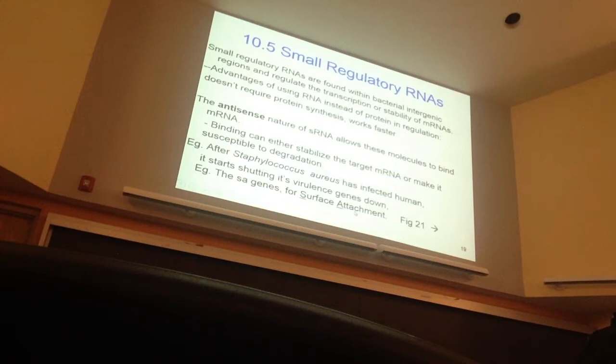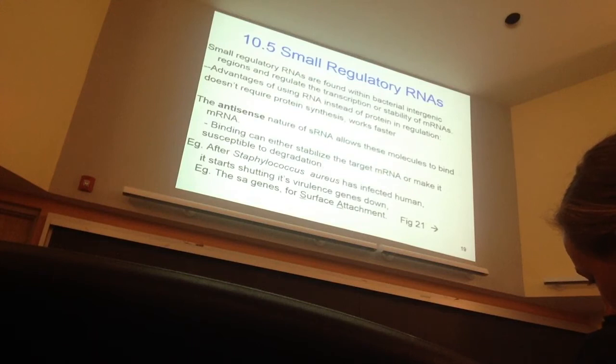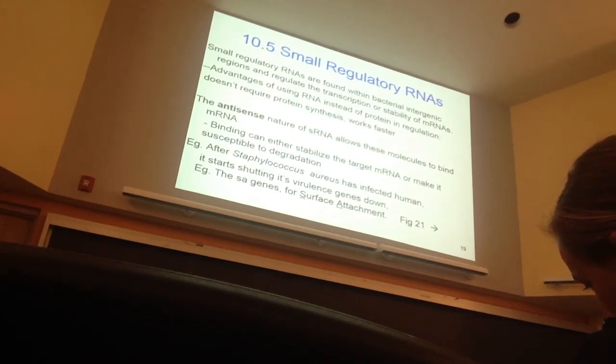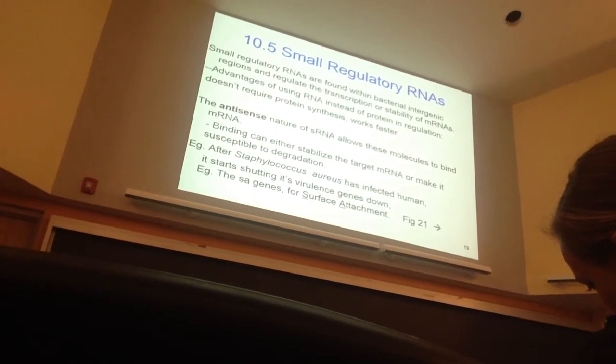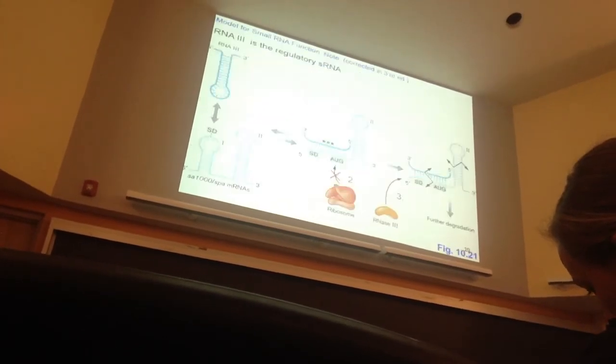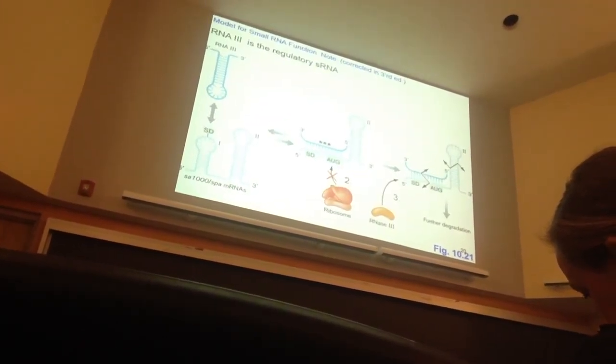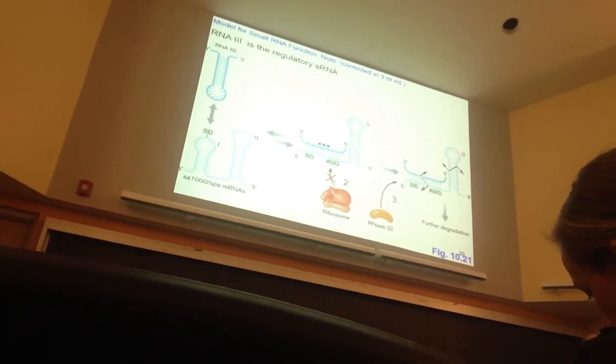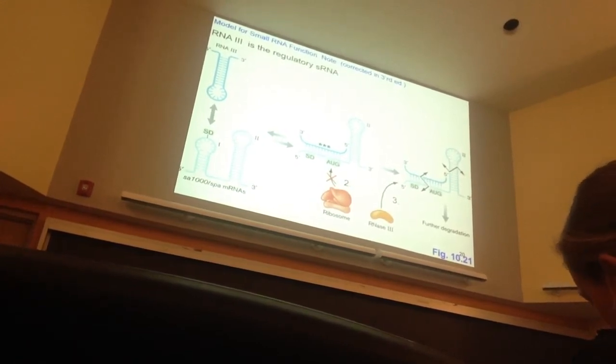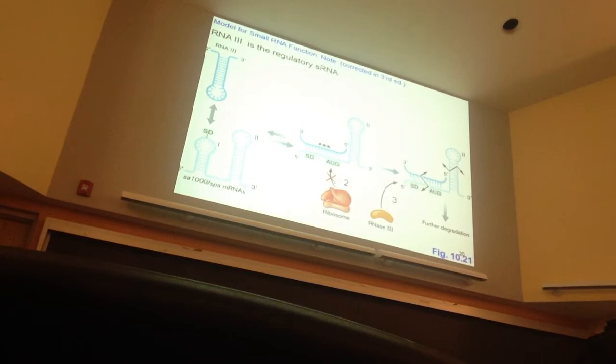And so here's the example of how small RNAs shut down virulence gene production in the latter stages of an infection. So it's already carried out its infection, multiplied the organism by a factor of 10 to the 10th, and now it's ready to move on, either to another part of the body or to another patient.